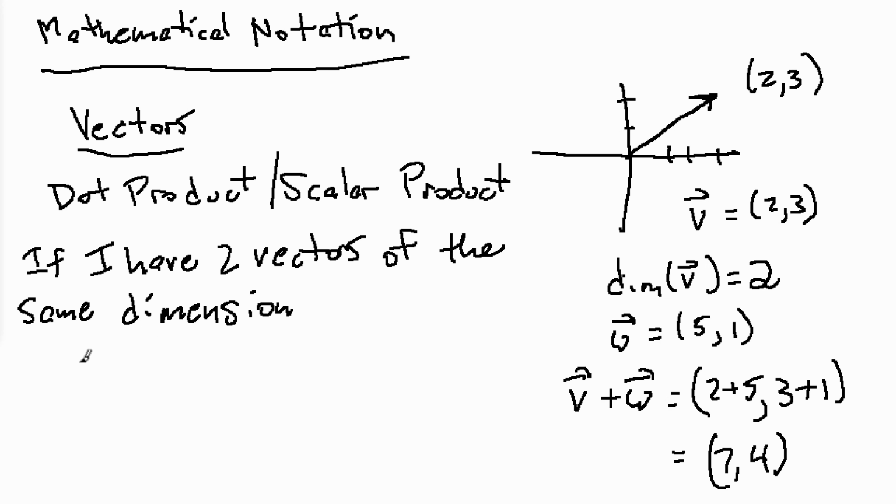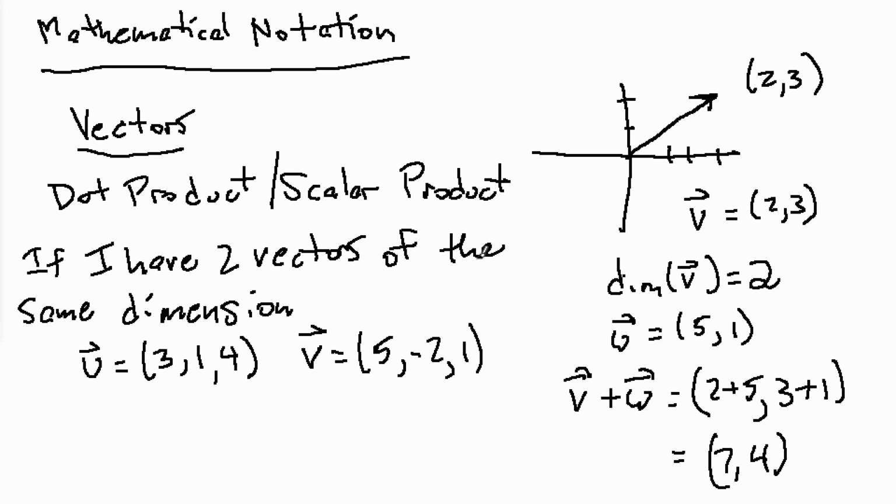Suppose I have u, a vector, equal to (3, 1, 4), and I have another vector called v, equal to (5, -2, 1).